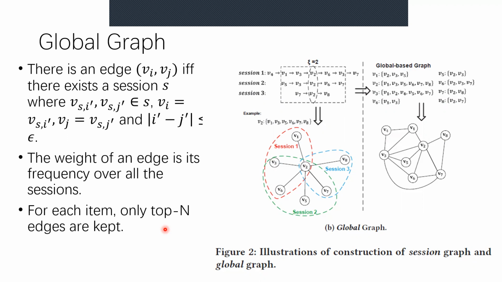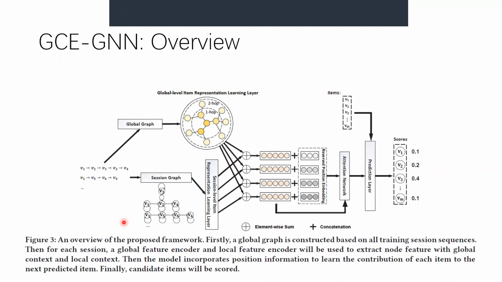Okay, so that's the global graph. And here's the overview of the entire method. Given all the training sessions, we construct one global graph. And for each session, we construct its own session graph. Then from the global graph, we get a global level item representation, and for each session, we get a session level item representation.